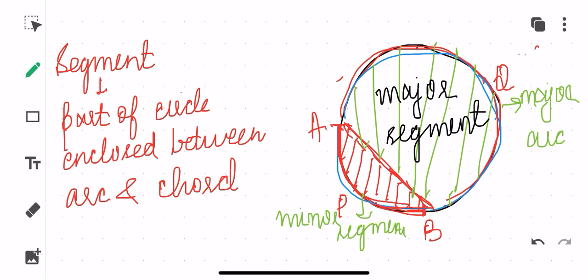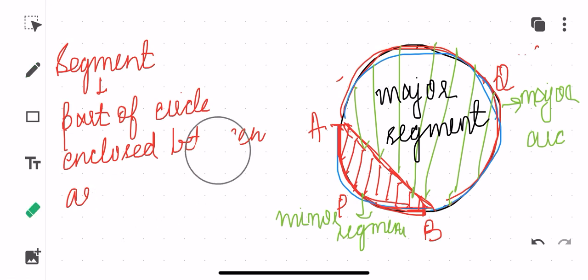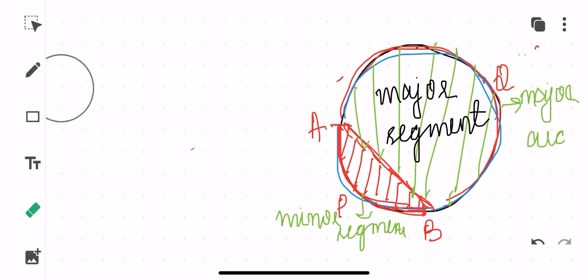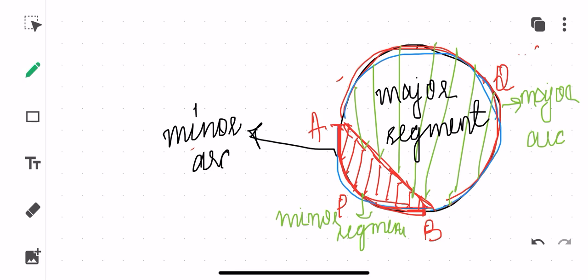Okay, because if they are talking about major, they will be specifying that separately. So unless and until it is specified, you will be taking all arcs as minor arcs and all segments as minor segments. So here if you see, this was minor arc. Okay, so minor arc, major arc, minor segment and major segments all are actually correlated to each other.